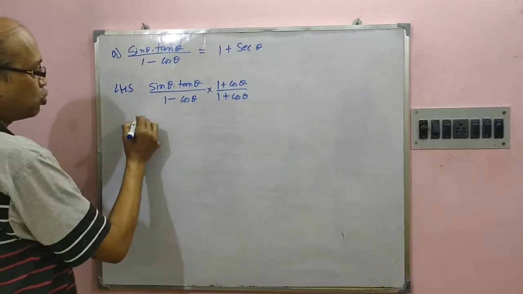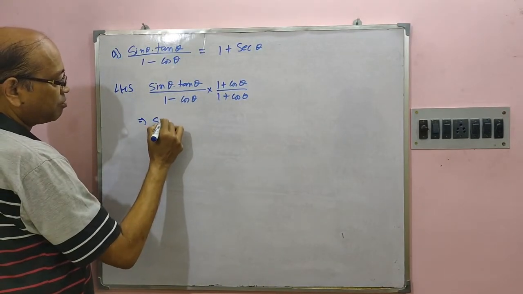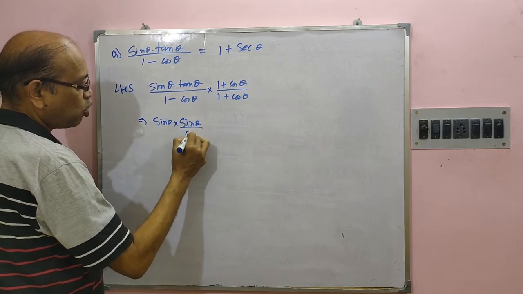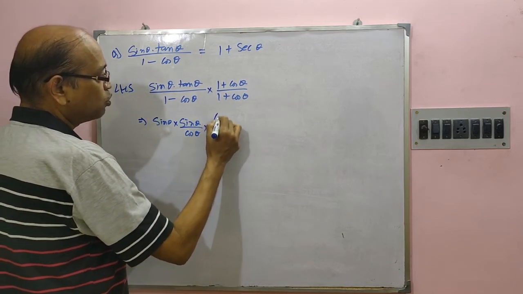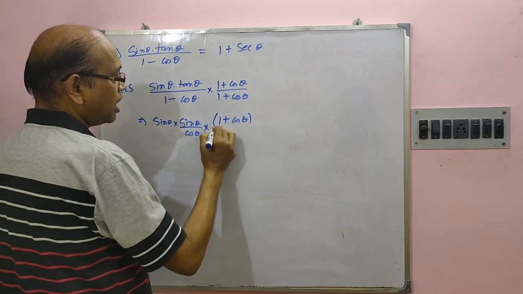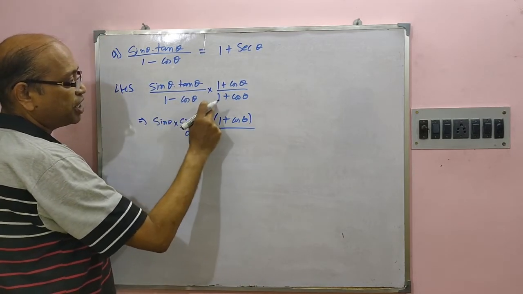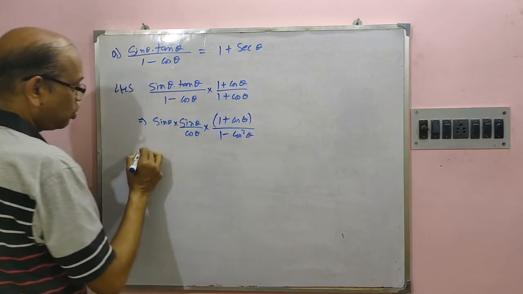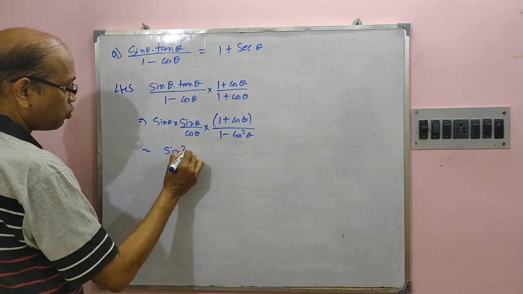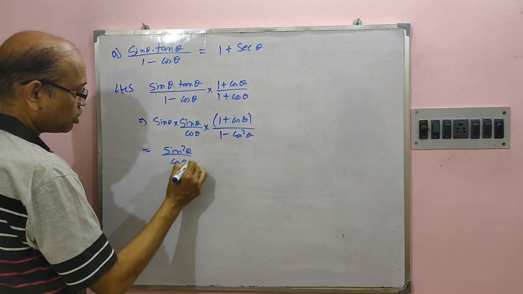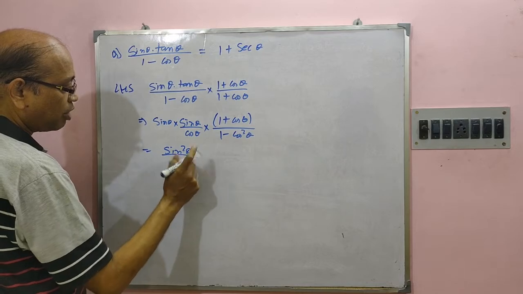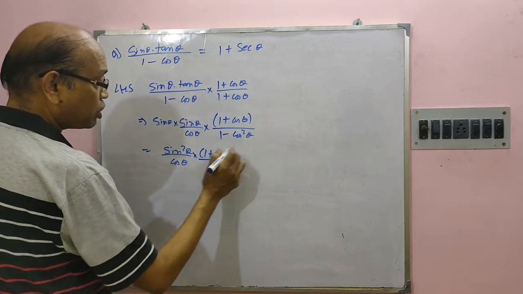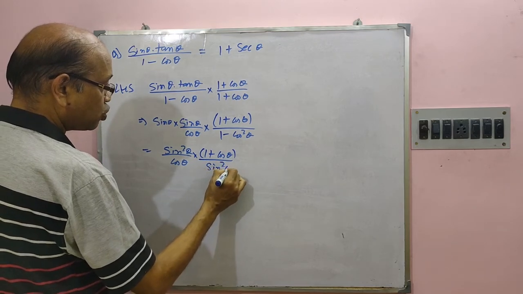Let's do it. Tan theta can be written as sin theta by cos theta into 1 plus cos theta by, A minus B into A plus B, is 1 minus cos square theta, which is equal to sin square theta by cos theta into 1 plus cos theta by 1 minus cos square theta, which is sin square theta.